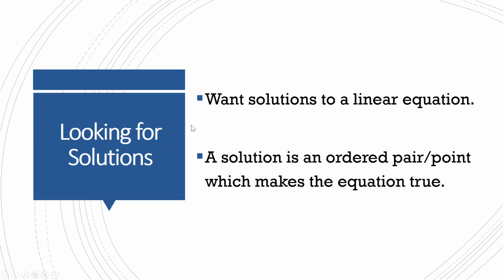Our goal is to look for solutions to that linear equation. And a solution is an ordered pair or a point which makes the equation true. So we're going to look at solutions.